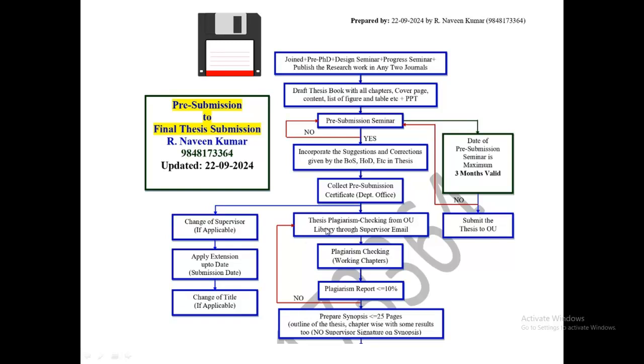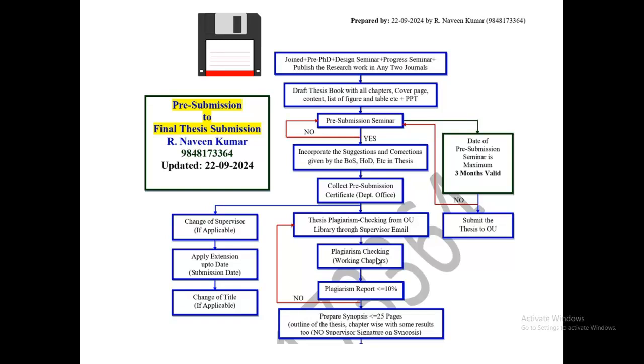Then after that, you have to check for plagiarism. Your report should be checked for plagiarism from the cover page, abstract, chapter 3 to the conclusion. Why chapter 3? Because the first chapter is introduction and the second chapter is literature. The first and second chapters are not included in the plagiarism checking.